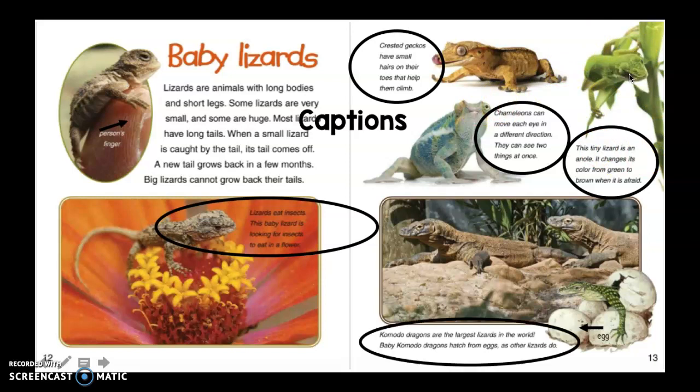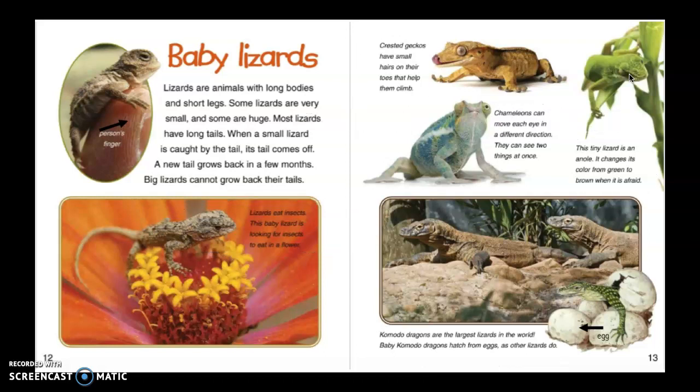And here's one more caption. It says, Komodo dragons are the largest lizard in the world. Baby Komodo dragons hatch from eggs as other lizards do. So I learned all about these cool pictures by looking at my captions, the words next to the picture that tell me more information.